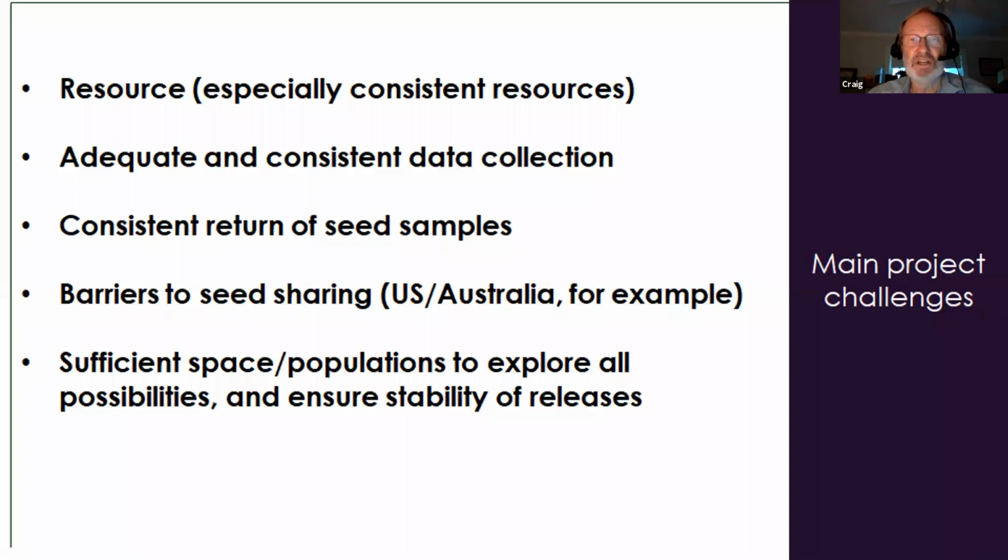Some of them have been with us all 15 years or so. Adequate and consistent data collection can be really, really challenging. We all think with different parts of our brain. I tend to love flavors and scents and aromas and colors and all that sort of thing. Other people are good with numbers. So if you're assembling a team to do a breeding project with, have all those types of people on it if you can. Getting seeds back.